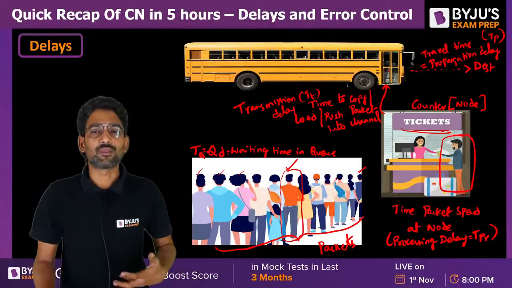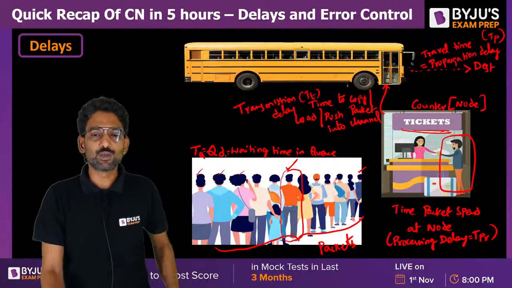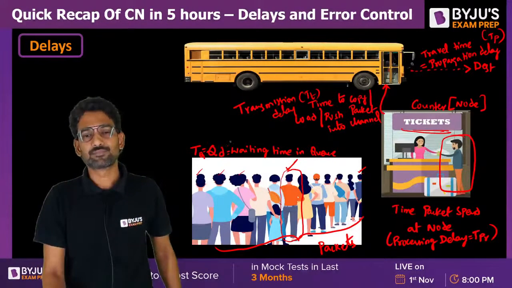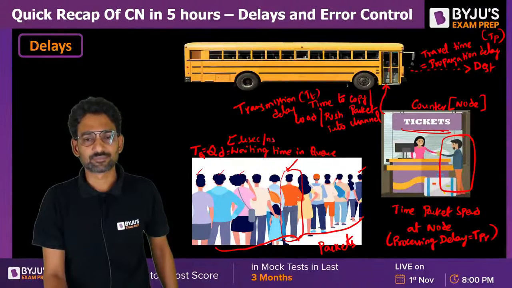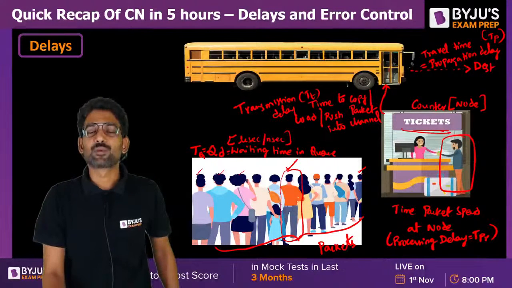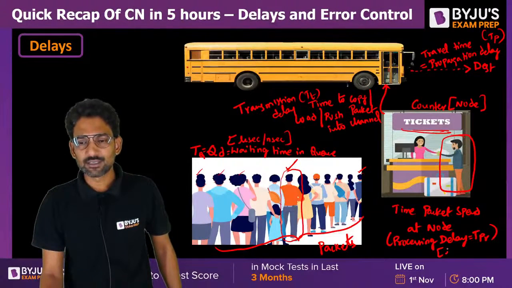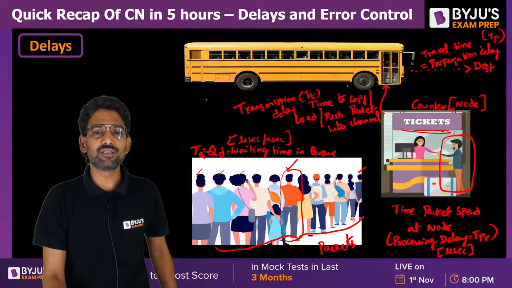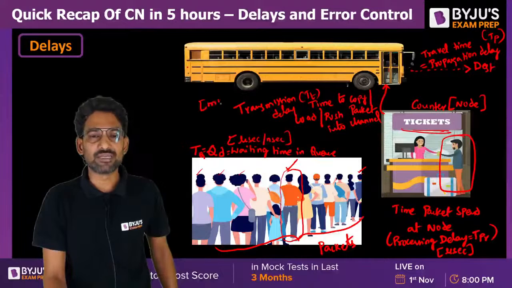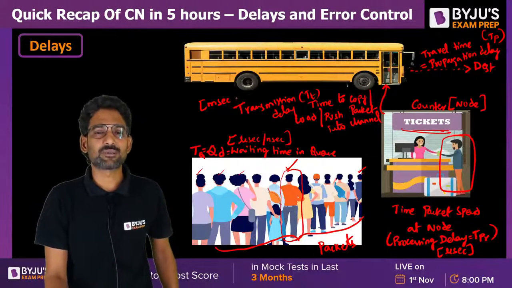Queuing delay, if you take, will generally be in microseconds or nanoseconds. Processing delay, if you take, would be in microseconds. Transmission delay will be in milliseconds, sometimes seconds.